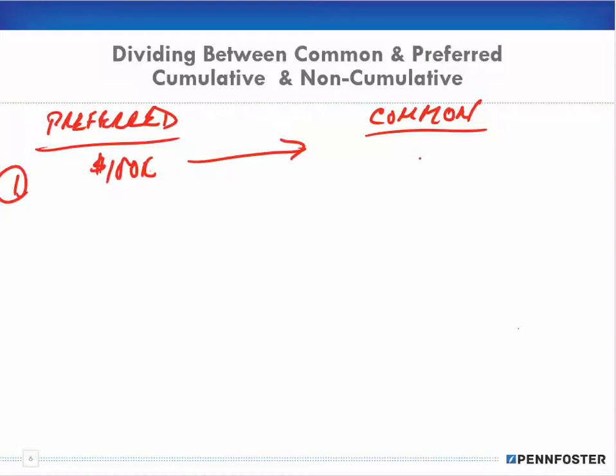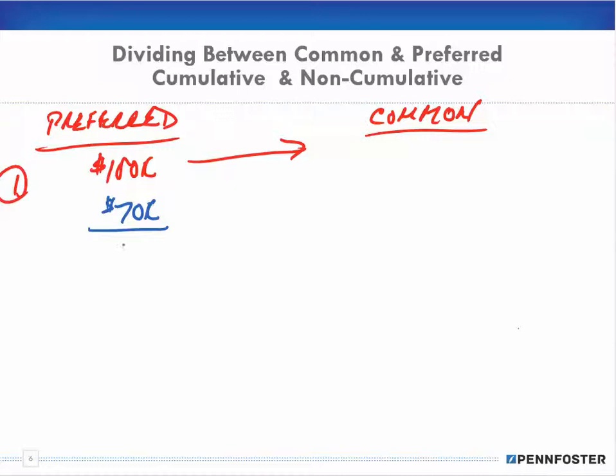Anything left over goes over to common. So in this first period, let's say the corporation decides to declare a dividend of $70,000.